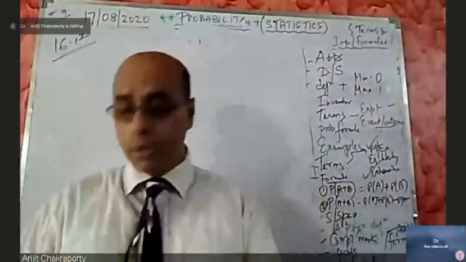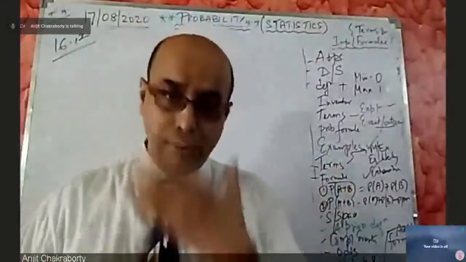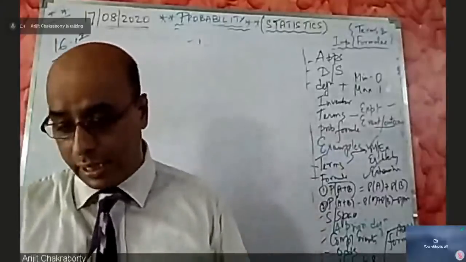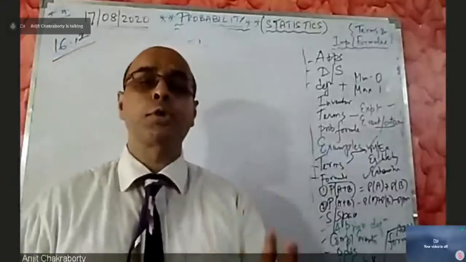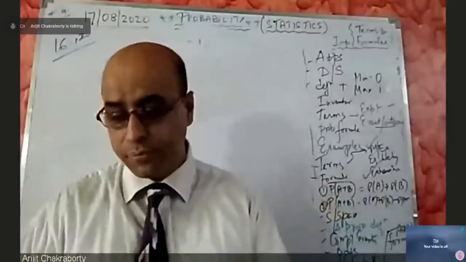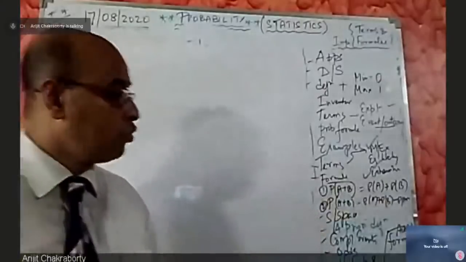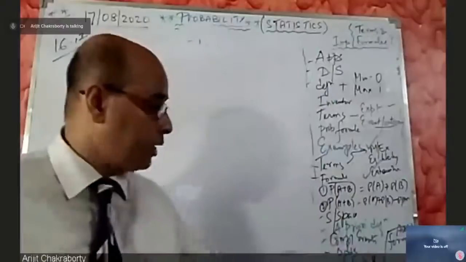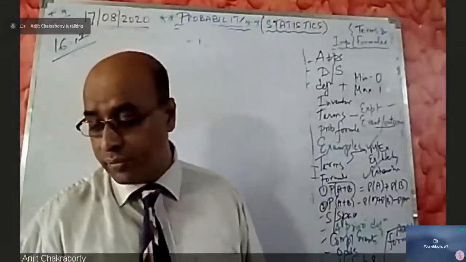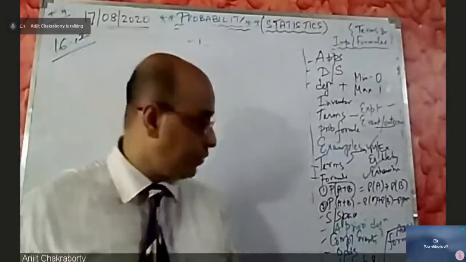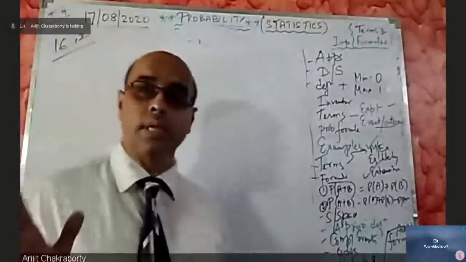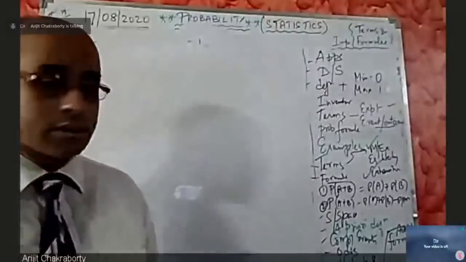Favorable cases means all those cases which are favorable to an event, plus they are mutually exclusive, exhaustive, and equally likely, and definitely the total number of possible cases also will be mutually exclusive, exhaustive, and equally likely. Then we moved on to discuss complementary events, and I also discussed odds in favor and odds against a particular event. I took an example. Thereafter we did example 16.1, 16.4, 16.8, and now we are taking up 16.12.